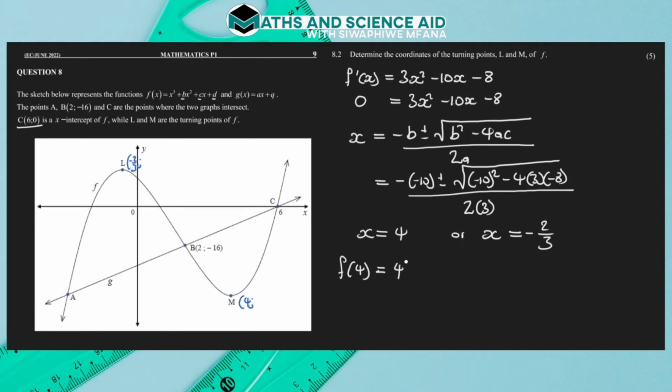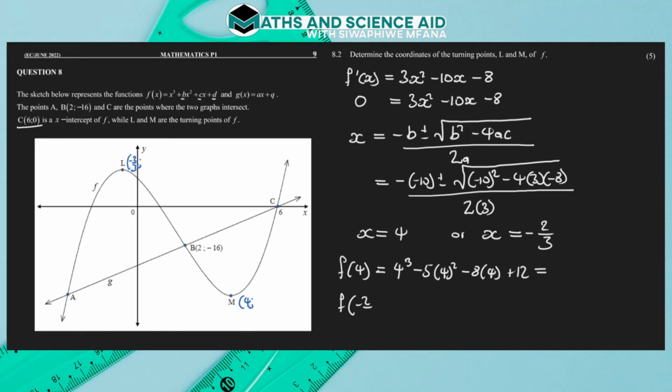Well, it will be 4 to the power of 3 minus 5, which is the value for b, remember, into 4 squared minus 8, the value of c, into 4 plus 12. So this will give us our corresponding y value if x is equal to 4.